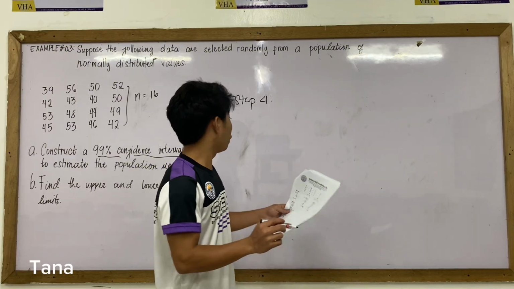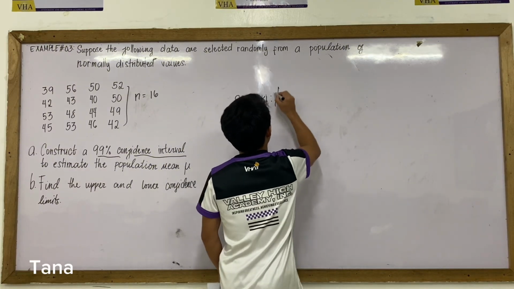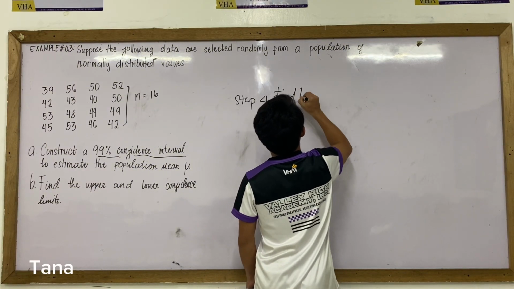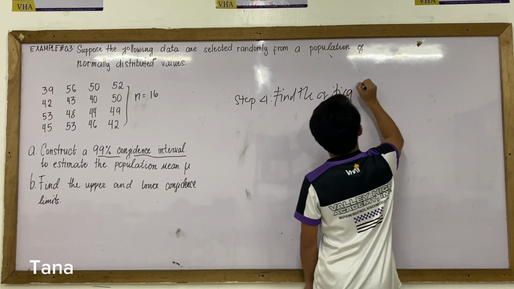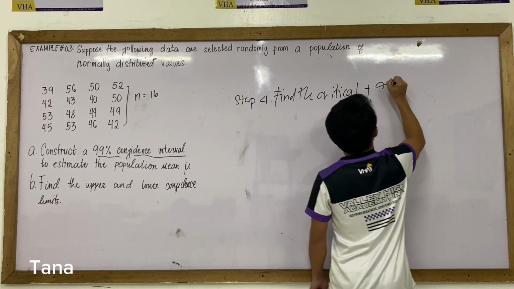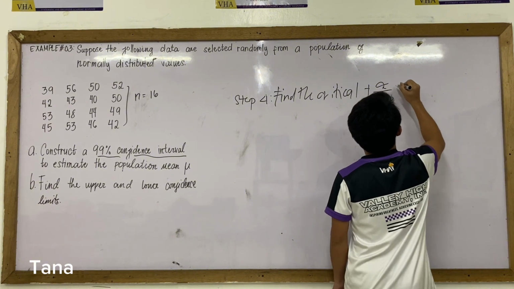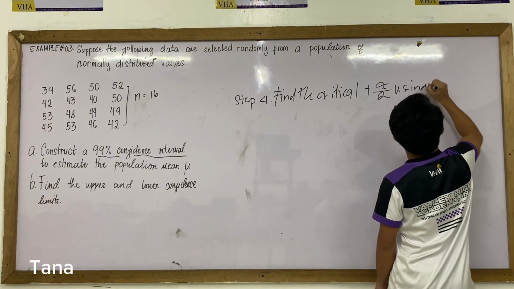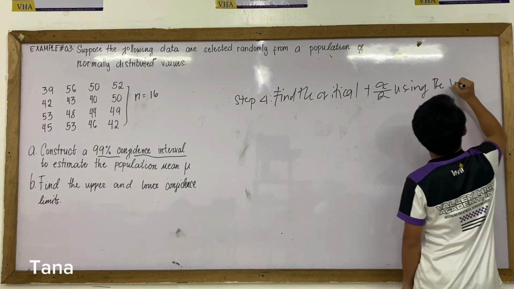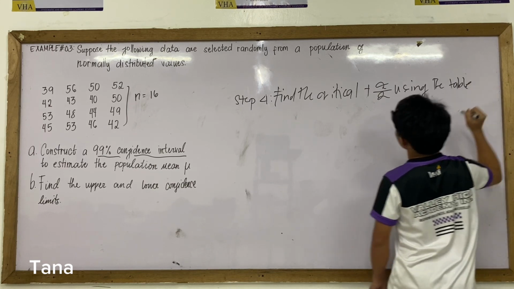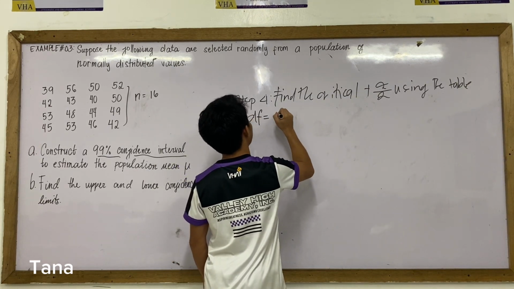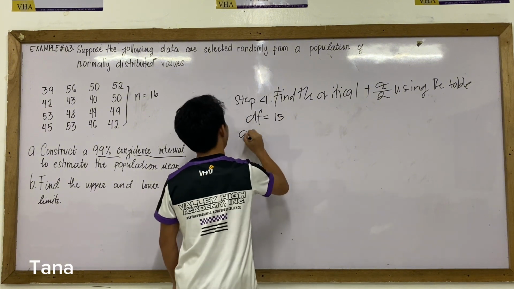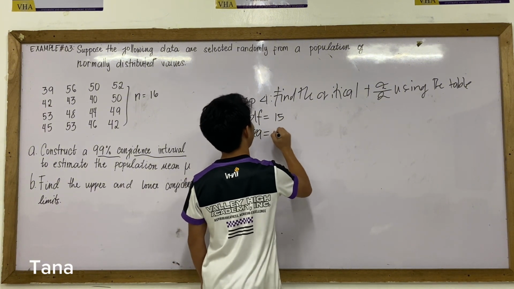In step 4, find the critical t alpha over 2 using the table. Our degrees of freedom is 15, and our area is 0.005.